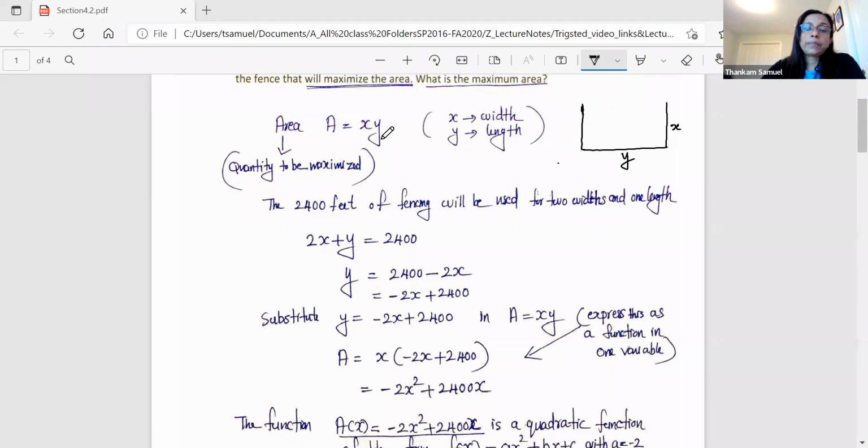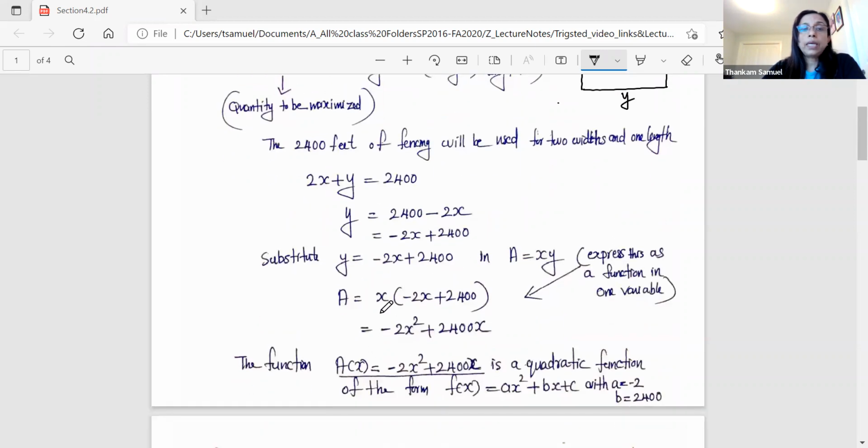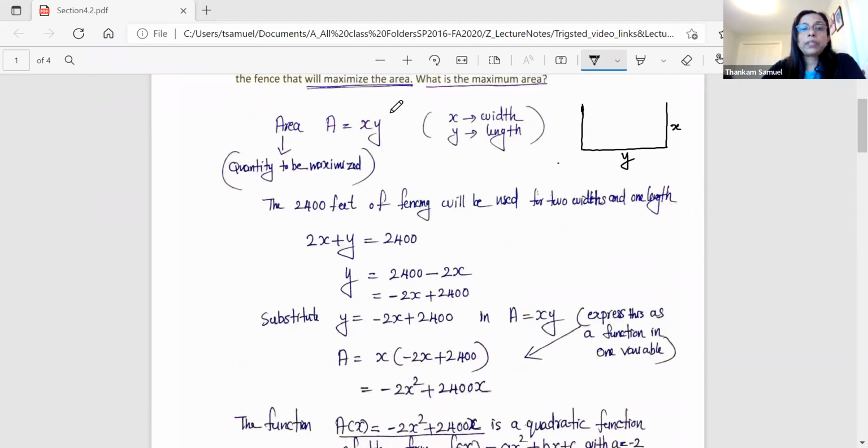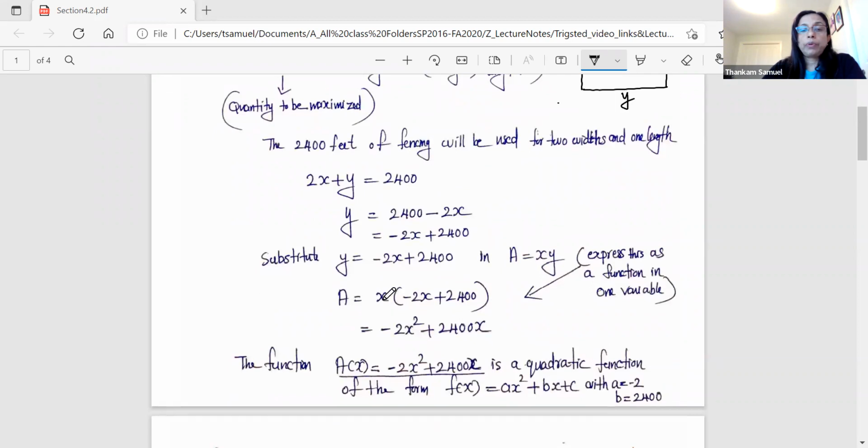So we can substitute the equivalent expression of y in this equation, that is A equals x times, instead of y, minus 2x plus 2,400. Then you can distribute x over these terms. So you will get minus 2x squared plus 2,400x.